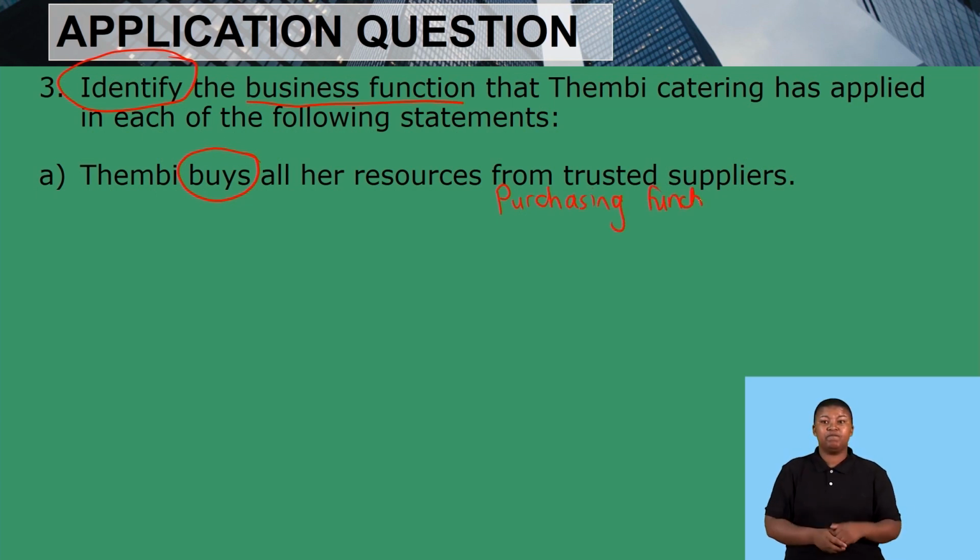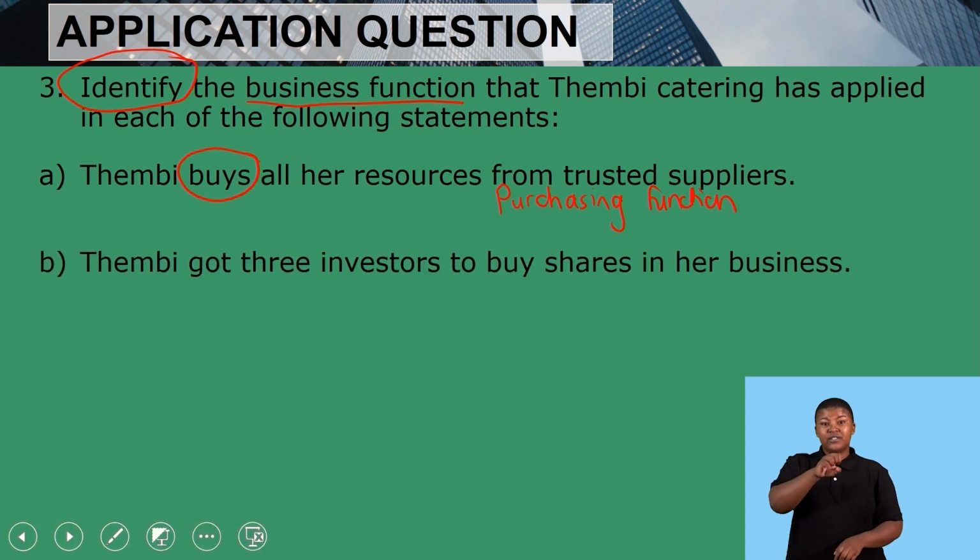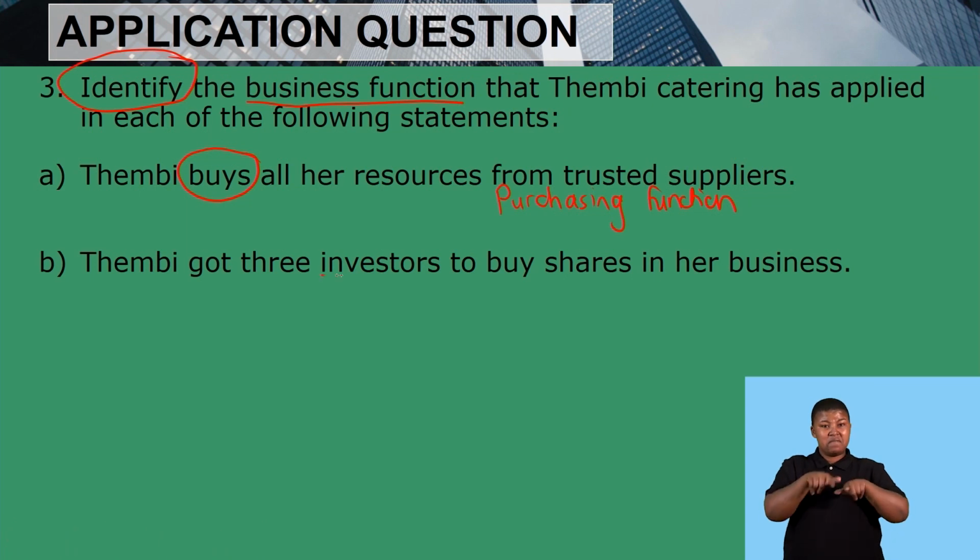Okay, this is the first one. Let's look at the second one. Number B says Tembe got 3 investors, that's a clue, to buy shares in the business. So investors buying shares means they are giving money to the business or they are investing capital in the business.